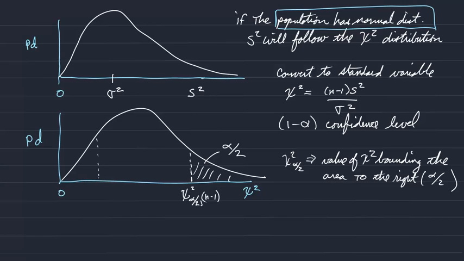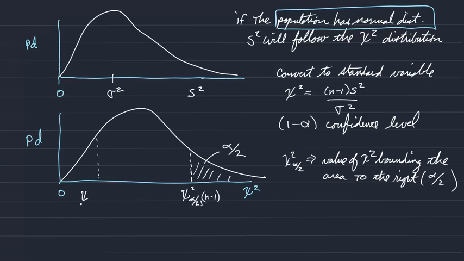It also happens that the area to the left of this value is 1 minus alpha, but we're going to define chi-squared sub alpha over 2 based on the area it bounds to the right of that value.